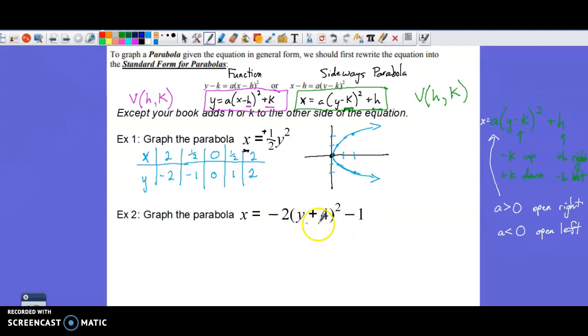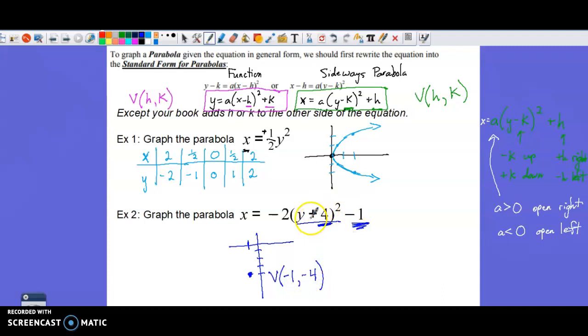So as I'm looking at the transformations on this sideways parabola, because it's x equals y squared, I can quickly look at this and say, okay, well, it's backwards when it's inside, so it should be down 4. And this one makes perfect sense that it's left 1. So my vertex is actually at, and it's still called a vertex, by the way, left 1, down 4.